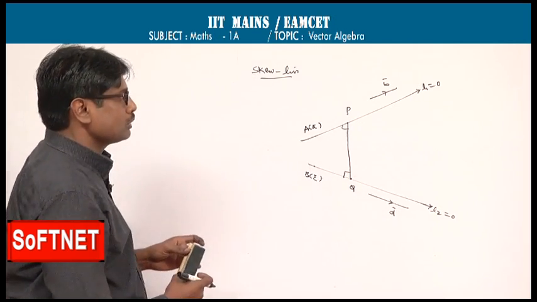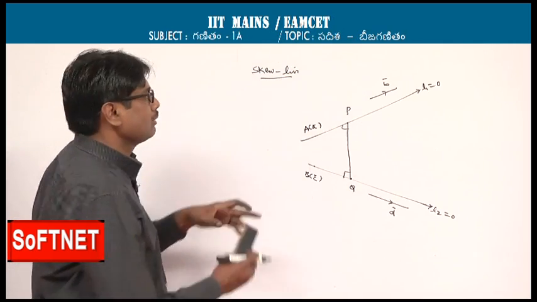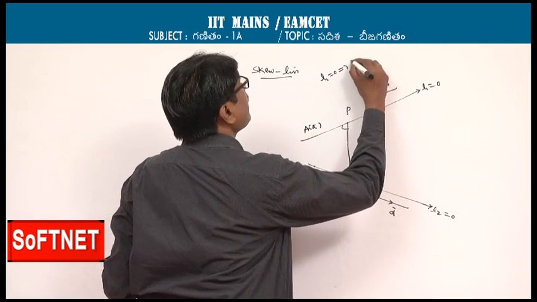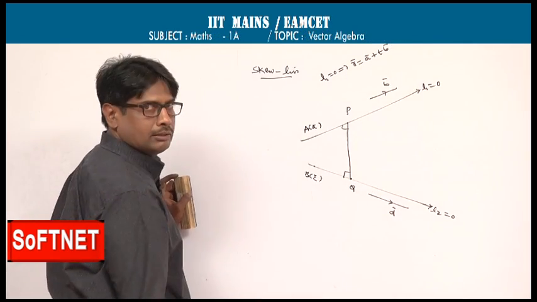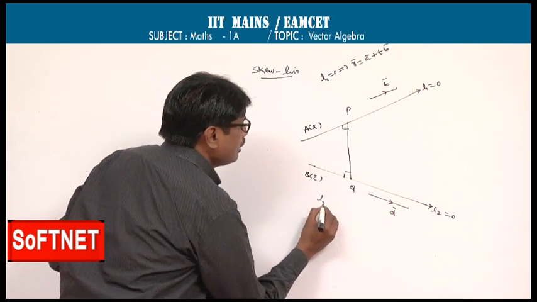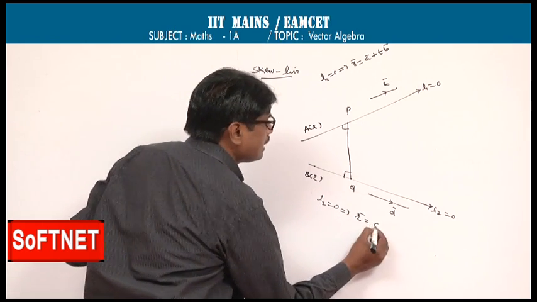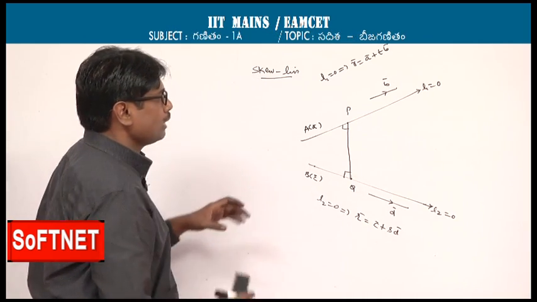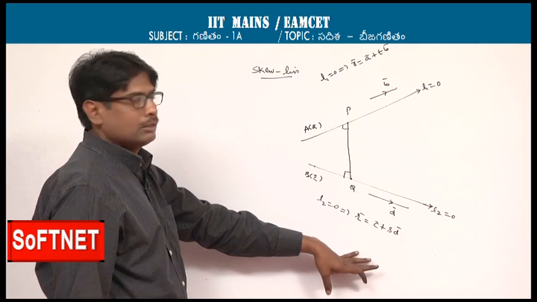L1 equal to 0 is R bar equal to A bar plus t B bar. L2 equal to 0 will be R bar equal to C bar plus s D bar.